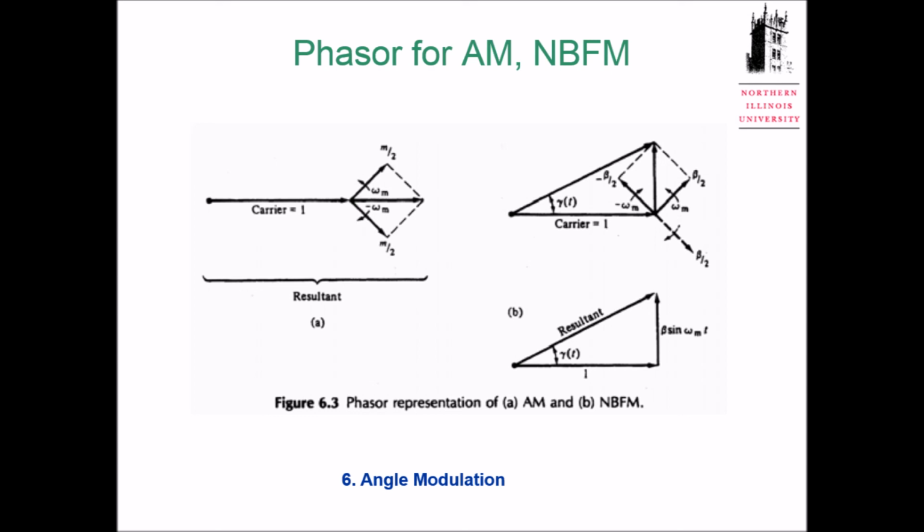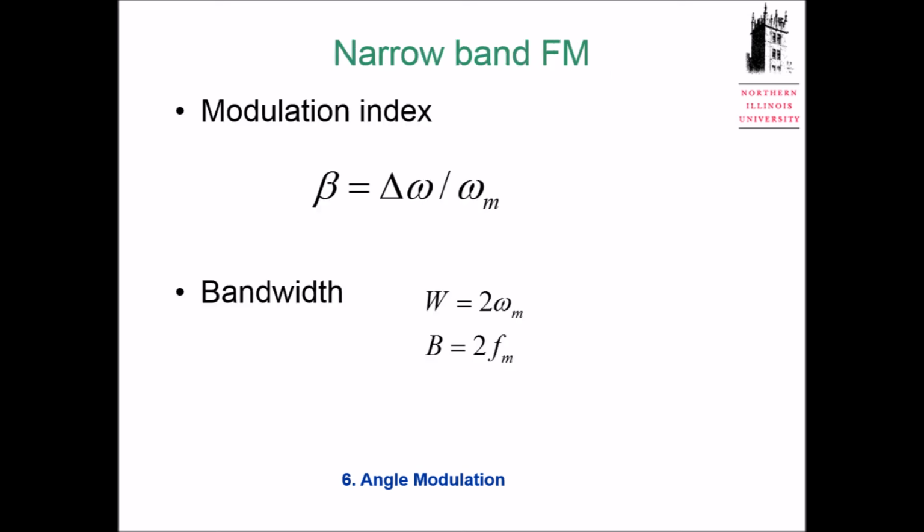You can also find this figure in the textbook. For narrowband FM, this one is for cosine and this one is for sine. The line spectrum is close to AM, large carrier.